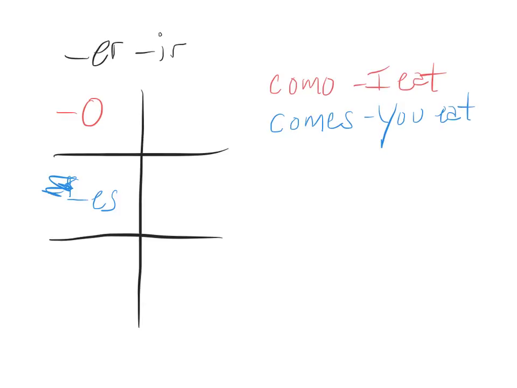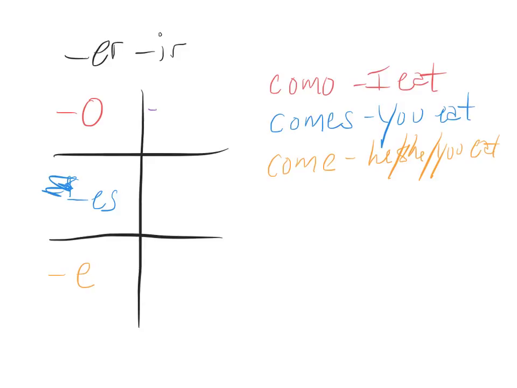Okay. All right, so then we come to the he, she, you formal box, which for ER and IR is e. So come, he, she, or you eat. Now remember, that's formal as opposed to the tú form, which is informal.